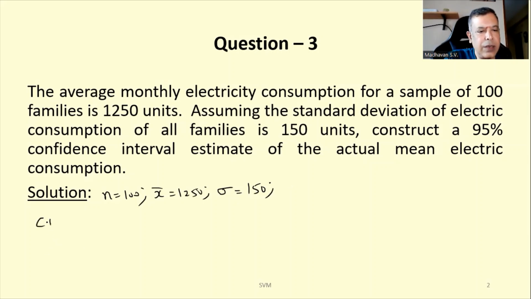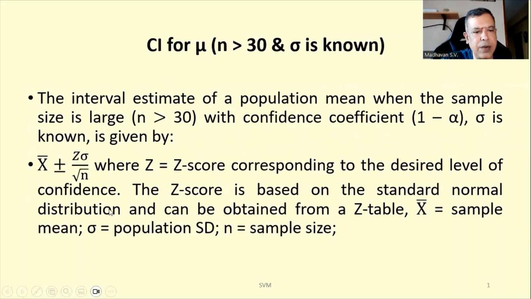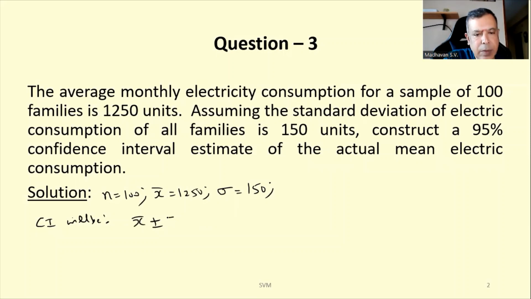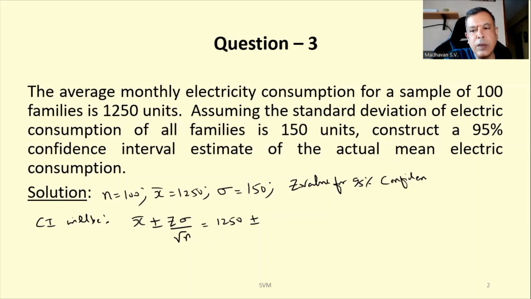So the confidence interval will be x bar plus or minus z sigma divided by square root of n, which will become now 1250 plus or minus the z value for 95% confidence for a two-tailed test, which is 1.96.